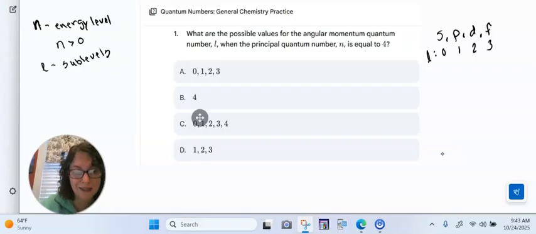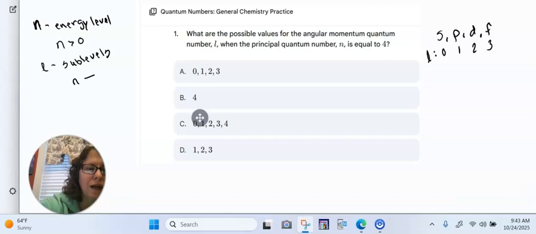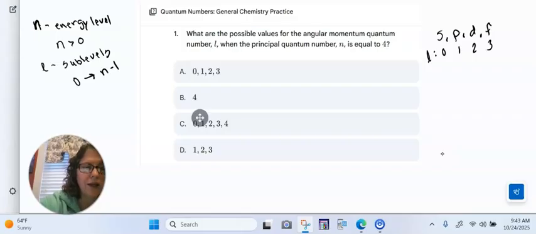So s has a 0, p has a 1, d has a 2, and f has a 3. Allowed values for l go from 0 up to n minus 1.